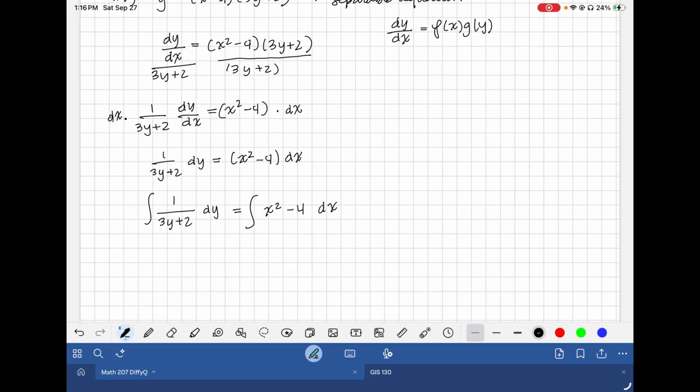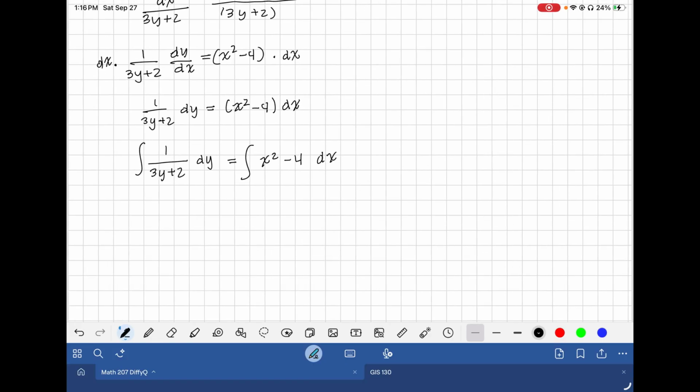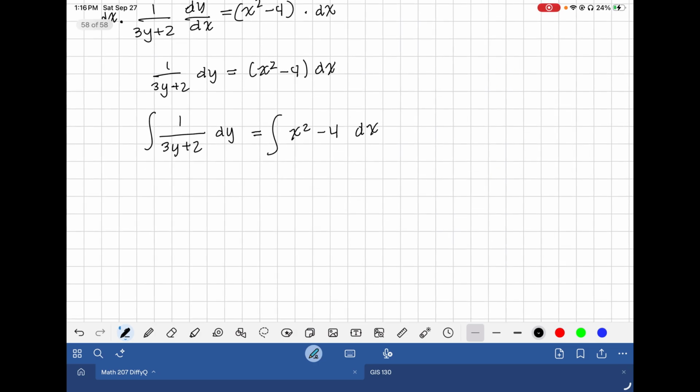All right. And so for the left-hand side, we're going to have to use u substitution to make it a little less complicated. And so we can set our u equal to 3y plus 2. Our du is going to be the derivative of that, so it's just going to be 3 dy.